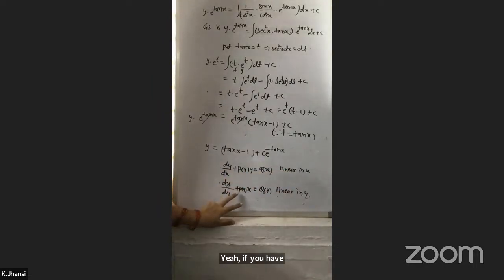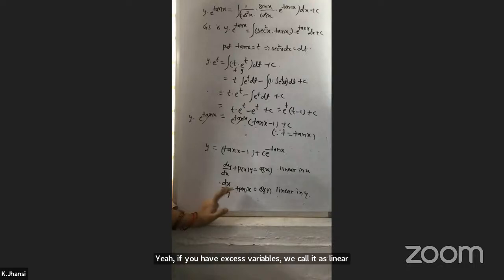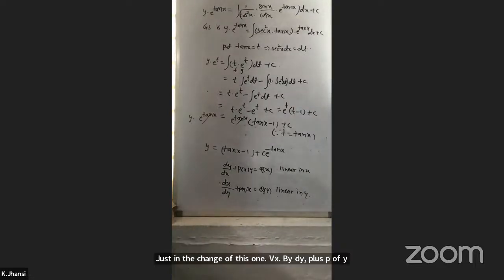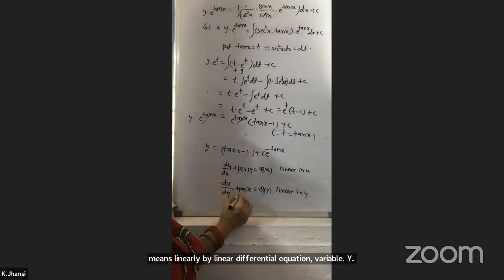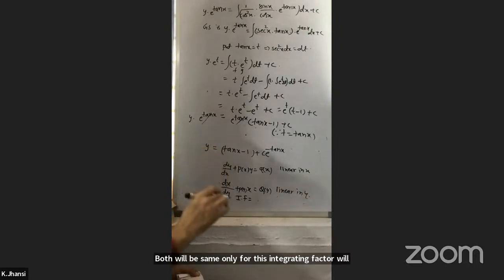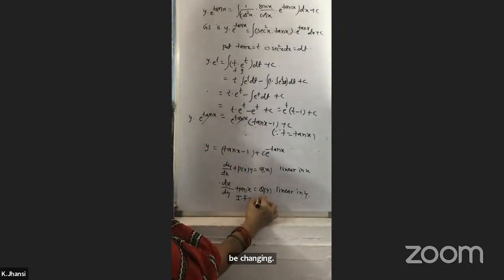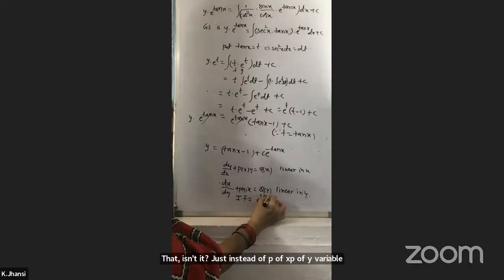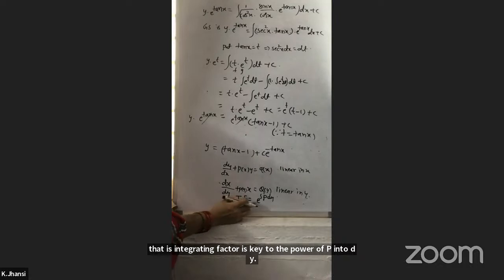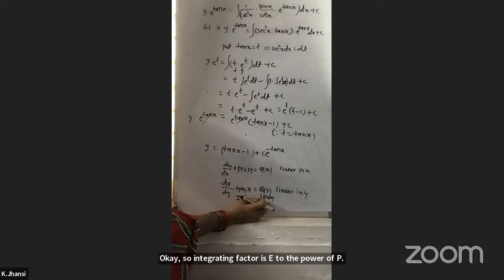Only two or three problems are there for this type of linear differential equation. Just an interchange: dx by dy plus P of y into x equals Q of y. That means it is a linear differential equation in variable y. Both will be the same only. For this, the integrating factor will change. Instead of P of x, P of y will be there. That is, the integrating factor is e to the power of integral of P of y into dy.